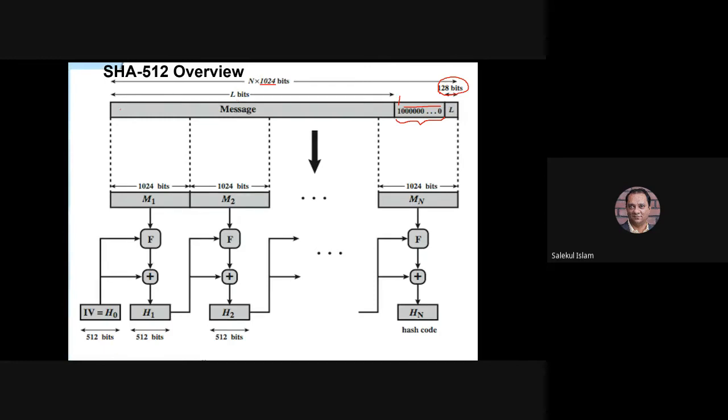You will start generating the hash, and you also know that this must be a multiple of 1024. So from these two values you can find out the length of the padding.